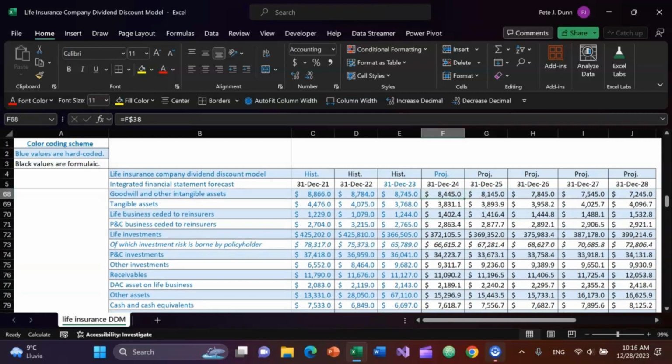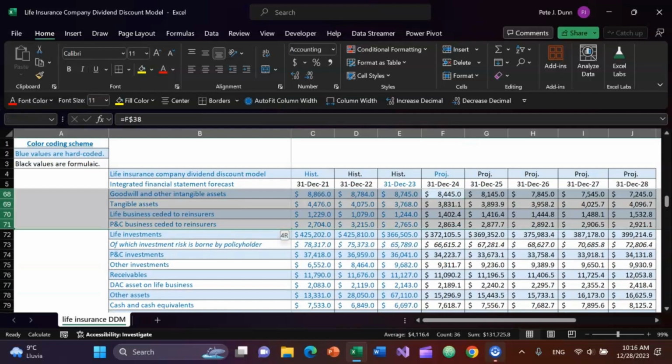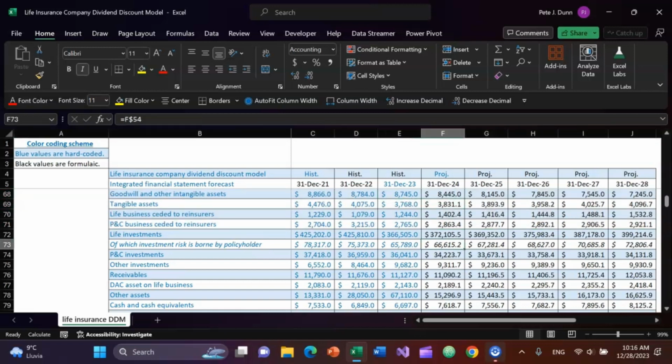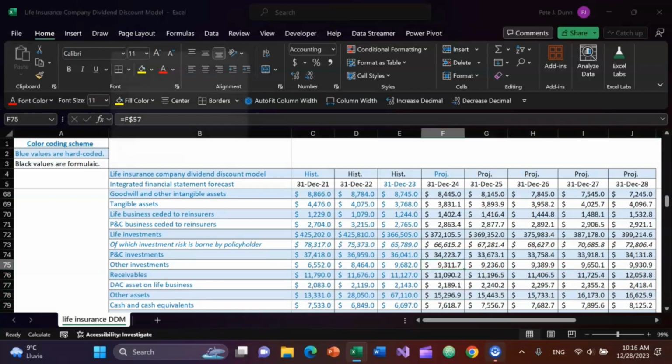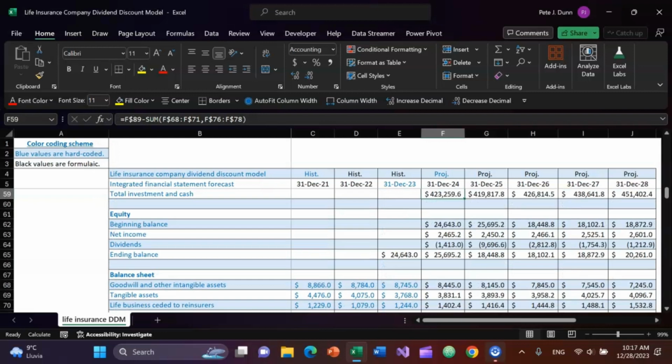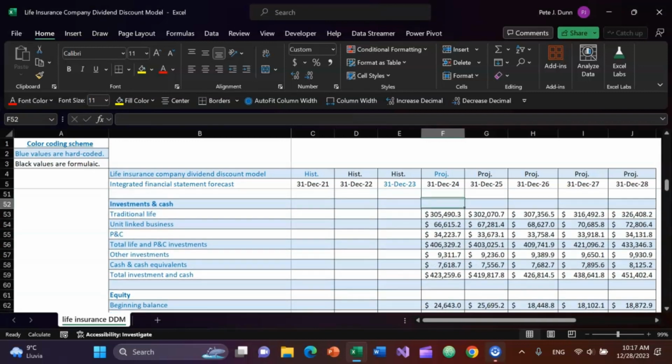For example, 68 through 71, which is goodwill, intangible assets, and the business that's been ceded to reinsurance companies. You'll also subtract out, to get that number, accounts receivable, the life insurance deferred acquisition costs, and then other assets. You can use F5 enter to go back up. That's how I get to total investments in cash.